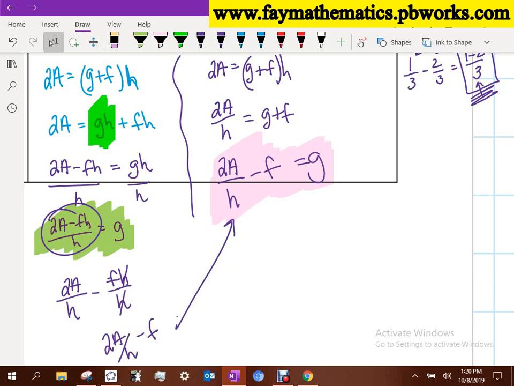Okay. Those little things of knowing when to cancel, why to cancel, being able to determine whether one representation, 2a minus fh all over h, is the same as 2a over h minus f. Those connections, guys, are what we're really interested in in algebra, and recognizing that ability to kind of jump back and forth between the two formats.